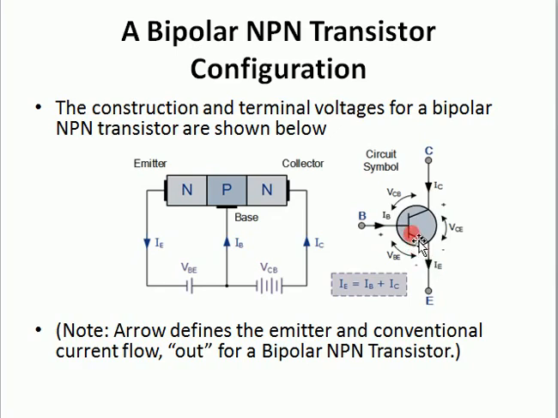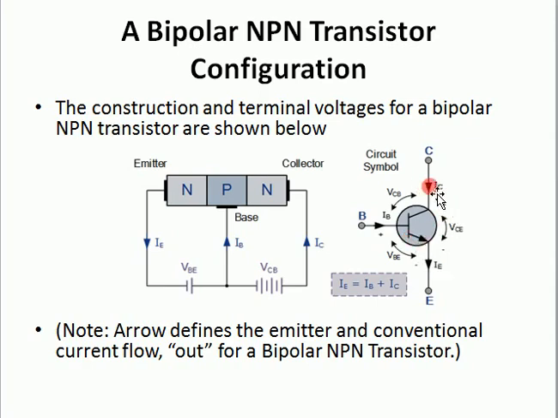This is the basic thing that tells us whether it is an NPN or PNP transistor: the direction of current. Always remember, in case of an NPN transistor the current comes out from the emitter, or you may say the current comes out from the transistor.